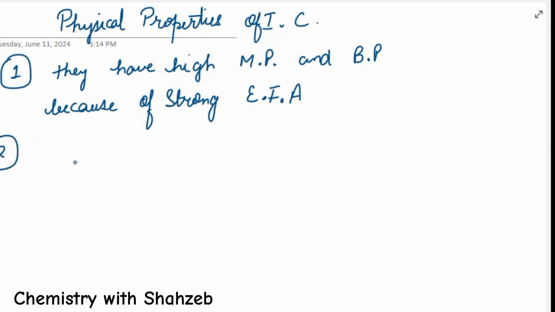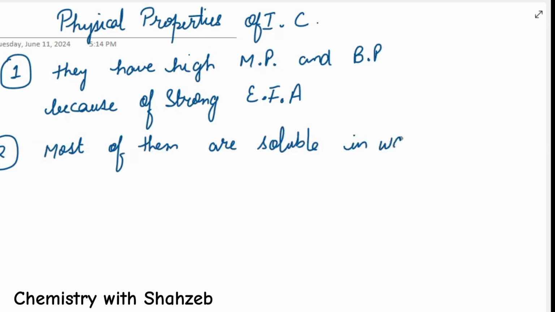Second is that most of them, the word I'm using is most of them, are soluble in water but insoluble in organic solvents.